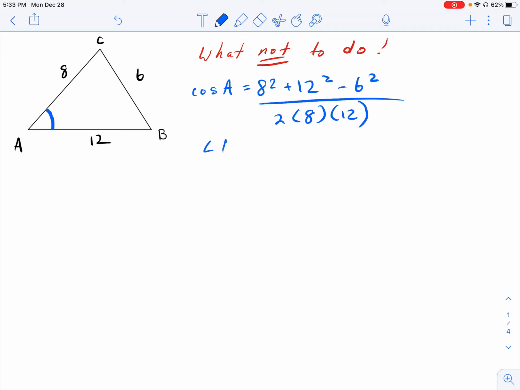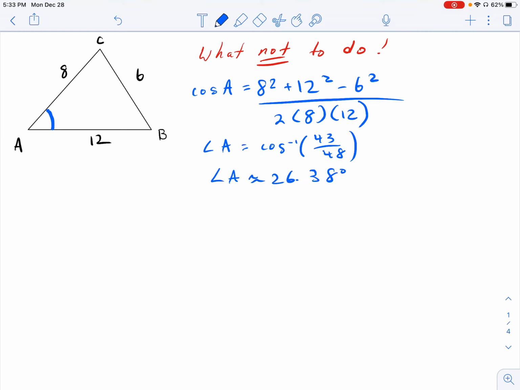And angle A then, just for the sake of time, is equal to the arc cosine of 43 over 48. Again, notice that my argument for my inverse cosine function is positive. Therefore, I'm going to get an acute angle. It's going to give me an angle that's in quadrant 1. So angle A is approximately 26.38 degrees.